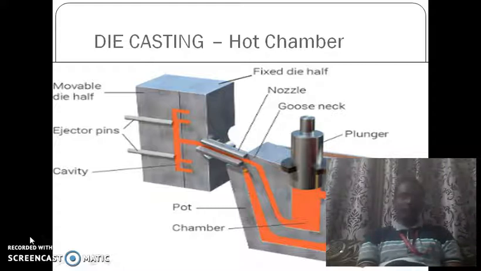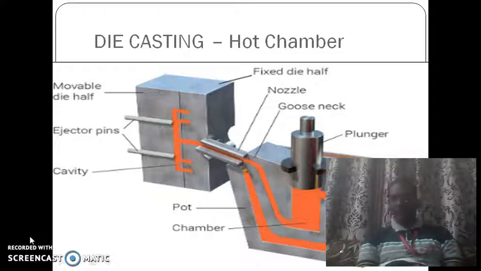In that storing tank, the hot molten metal will be kept, and above the hot molten metal a plunger will be there. That plunger is attached with the help of a gooseneck, or nozzle, which is directly connected with our die cavity. The plunger is normally a piston and cylinder.